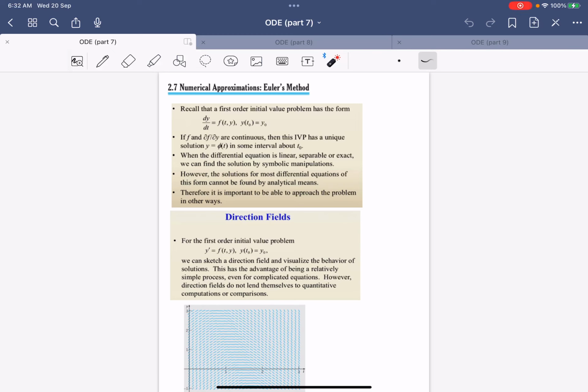Hi! In this series, we'll be continuing the journey into ordinary differential equations, and previously we have seen how to solve ODEs using methods that give us exact solutions.